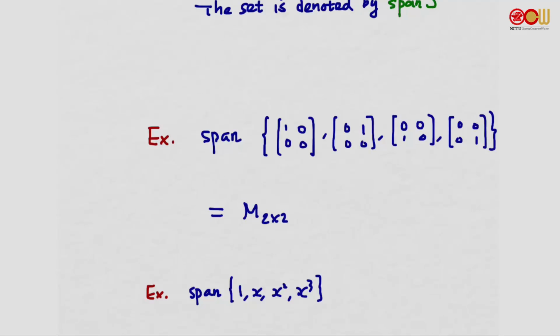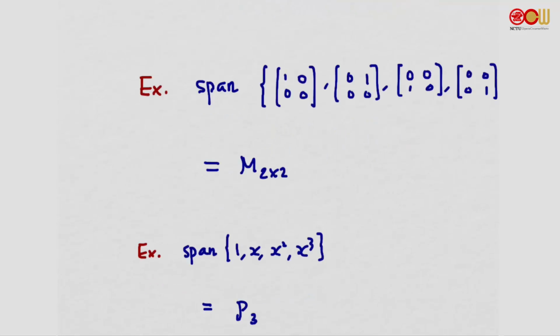How about the span of these 4 polynomials? What would we get? If we consider arbitrary linear combinations of these 4 vectors, then we get an arbitrary polynomial of degree less than or equal to 3, and that would be P3.